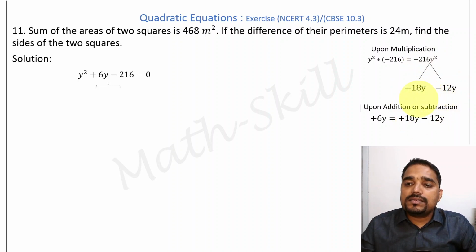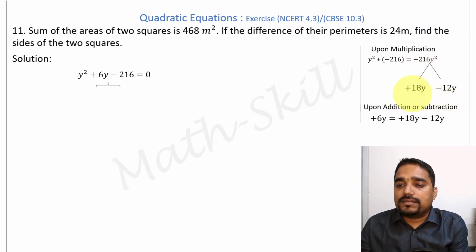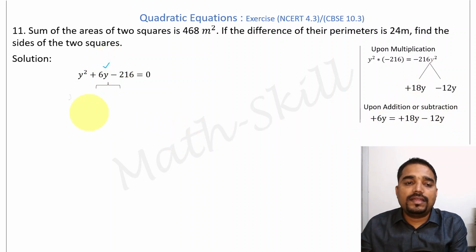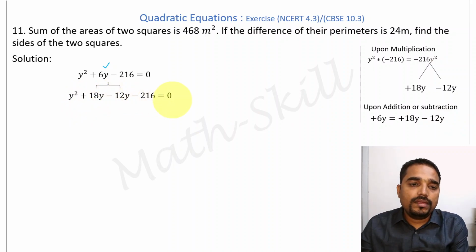Therefore, let us apply these particular factors, that is let us split the middle term plus 6y as plus 18y and minus 12y, that is y square plus 18y minus 12y minus 216 is equal to 0.